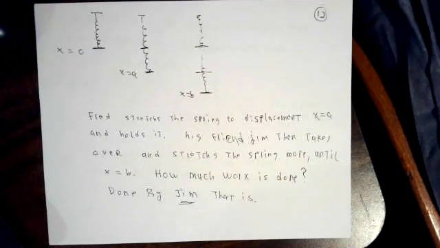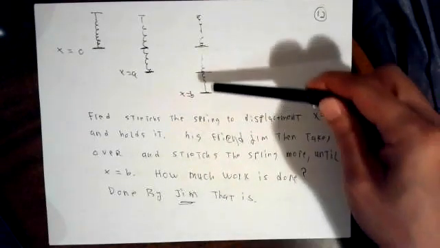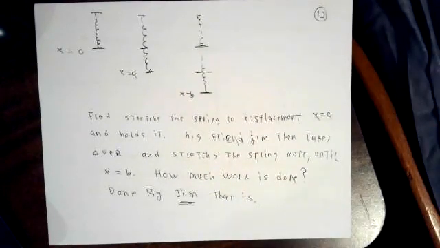His friend Jim comes along and takes over from Fred. Jim grabs the end of the spring and holds it still, not doing any work yet. Fred lets go, and then Jim stretches the spring some more until its distance from equilibrium is B. How much work did Jim do?